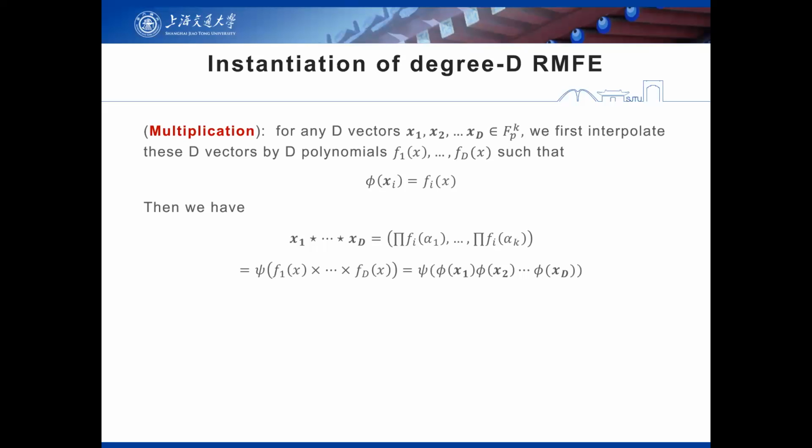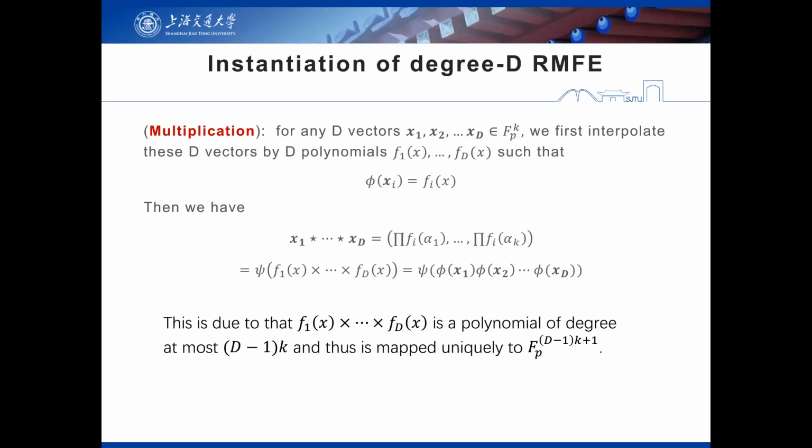We map the vectors to f_1(x) through f_d(x), and because psi is just an evaluation, we map it back and these are equal. Okay. So the key idea is that this product of f_1 to f_d is a polynomial of degree at most (d-1) times k.